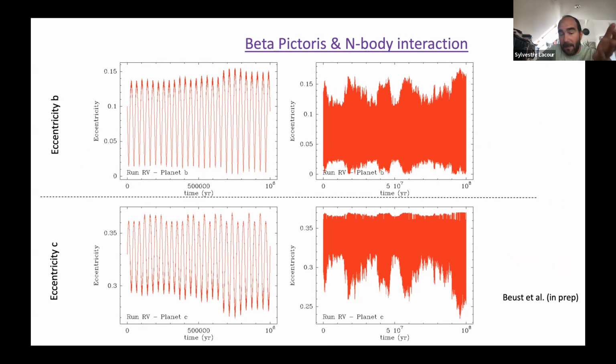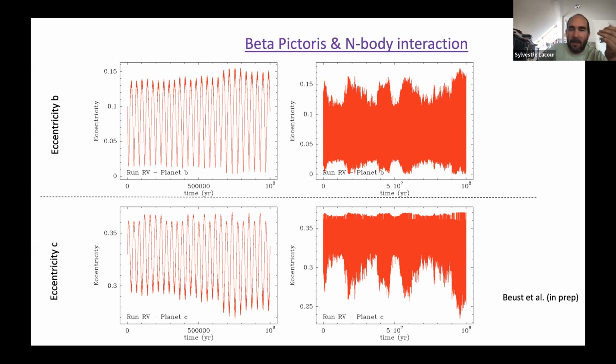So first, we've seen that beta Pictoris C has a high eccentricity, and beta Pictoris B lower. And what we found out is that beta Pictoris B could have its eccentricity excited only from the eccentricity of beta Pictoris C. And then we get into the question of how that system evolved.